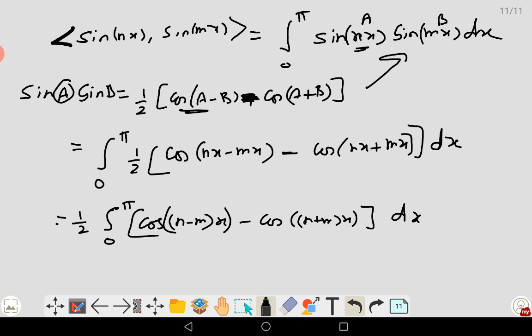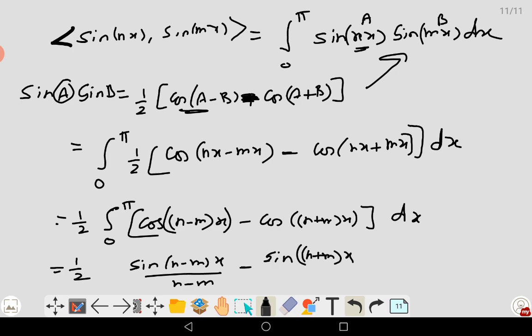Now integration starts. When you integrate cosine, it will be sine, isn't it? So sine (n minus m)x over n minus m, minus again sine (n plus m)x over n plus m, and now 0 to pi.